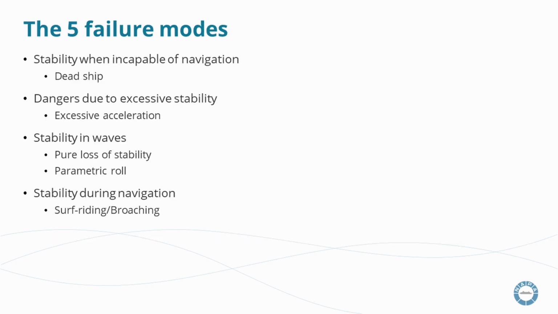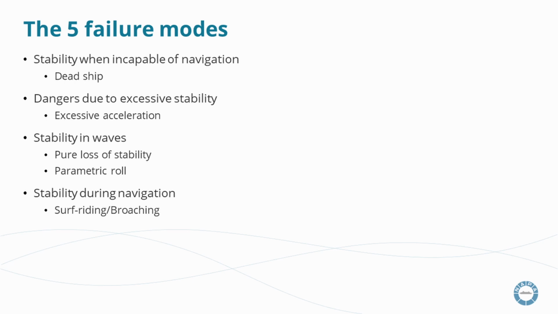For the second generation intact stability, 5 different failure modes are considered, and these can generally be grouped into 4 categories. The first category being stability when incapable of navigation. Here we have the dead ship condition, which considers a ship without power that has turned into beam seas, very much like the weather criterion used in the IS Code today.